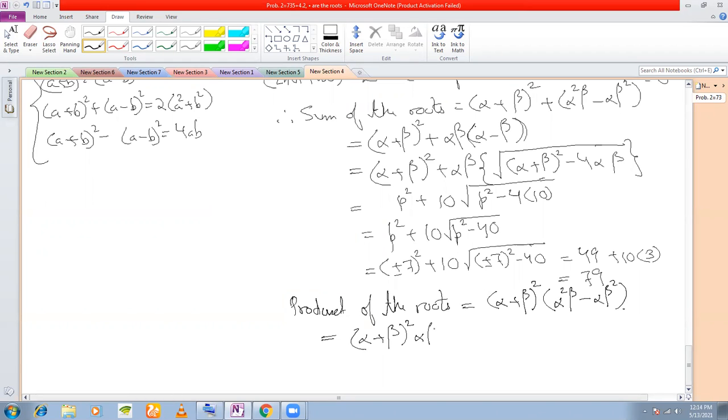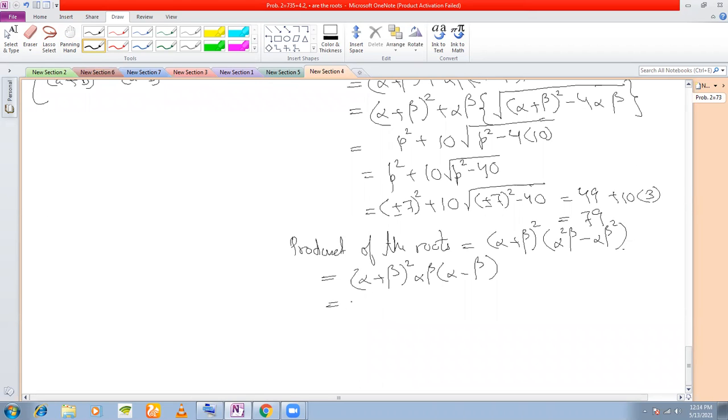So first you have alpha beta into alpha minus beta, and here alpha plus beta, how much have we found? Alpha plus beta we had found to be p, so this is p square. Alpha beta we found to be 10, and this here again we express as alpha plus beta whole square minus 4 alpha beta.